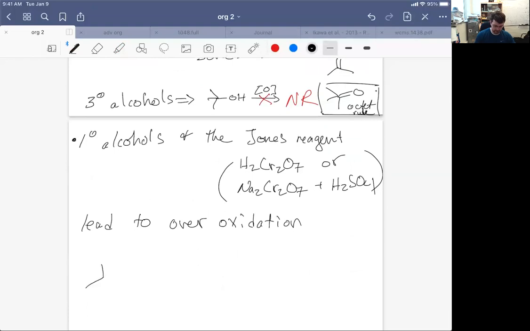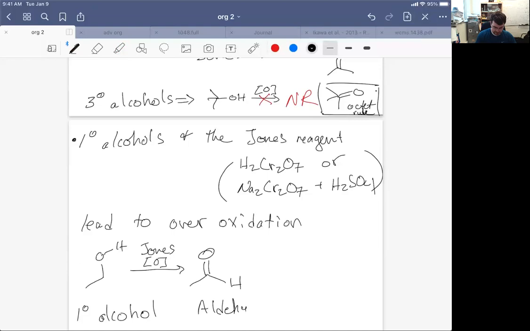Okay, so let's look at a primary alcohol here. A primary alcohol is one in which the carbon atom attached to the OH has only one thing attached to it. In this case, it's just a CH3 hanging off of that carbon with the alcohol. So we're primary. If we do a Jones oxidation, we could do the alcohol oxidation to the carbonyl, but in this case, we get an aldehyde.